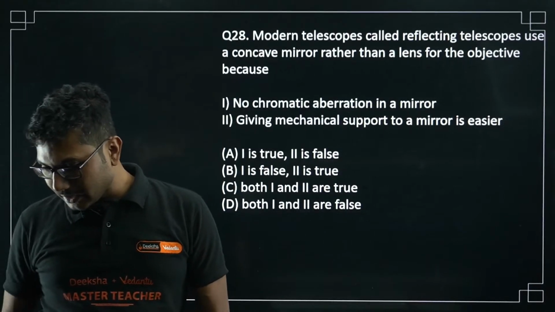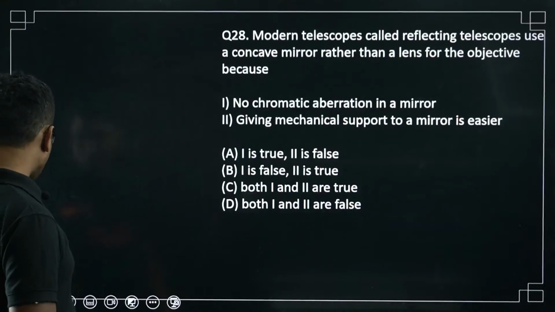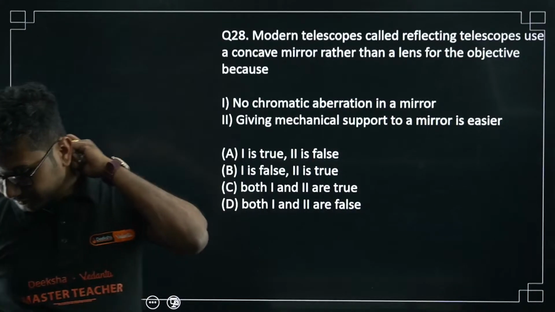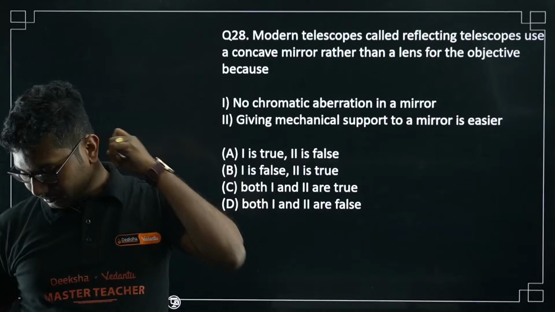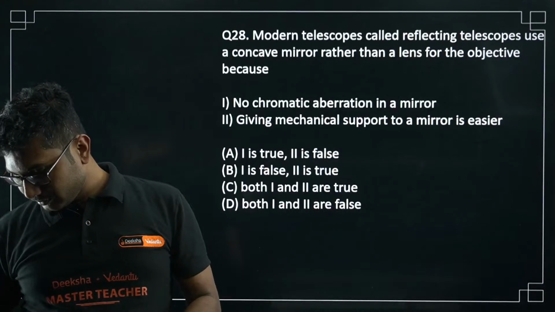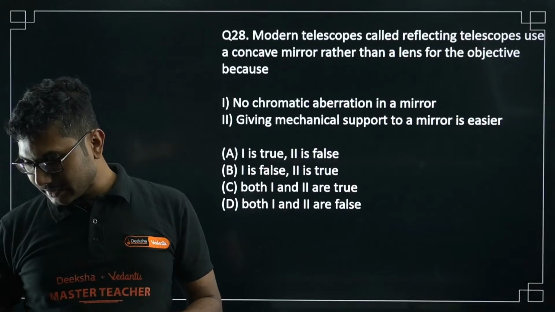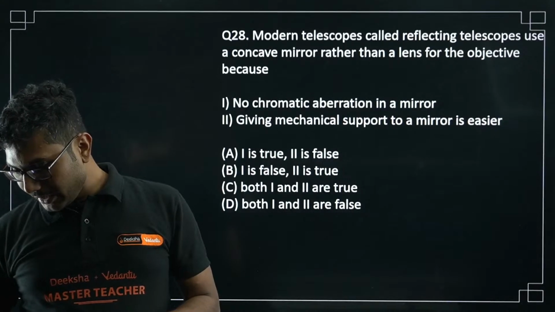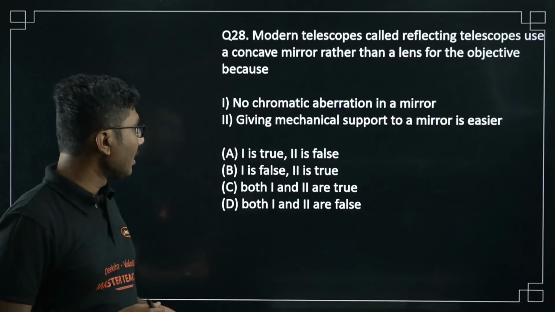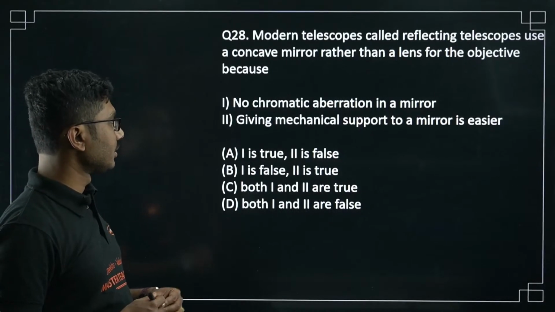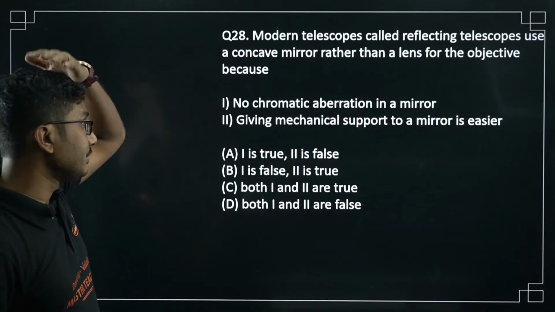27, I answered, na Chandan? I answered it. Option B is correct, 27. Option B is correct, yes. 28A: 1 is true, 2 is false. So modern telescopes use reflecting telescopes.